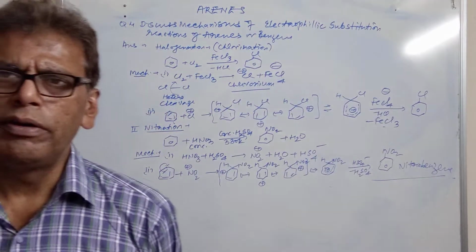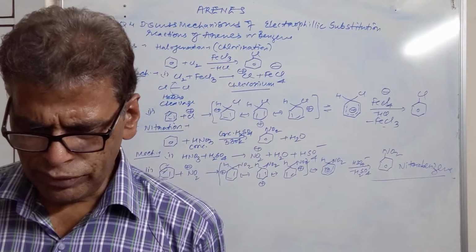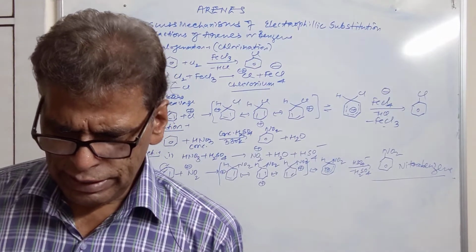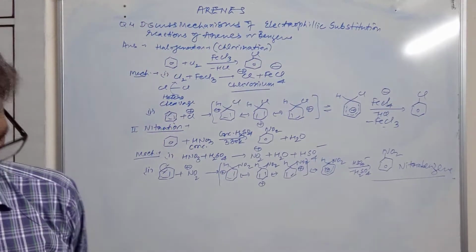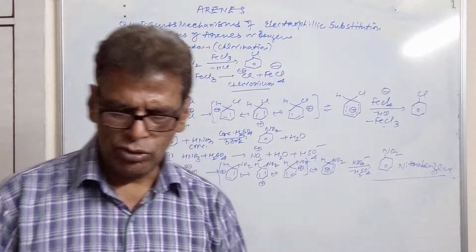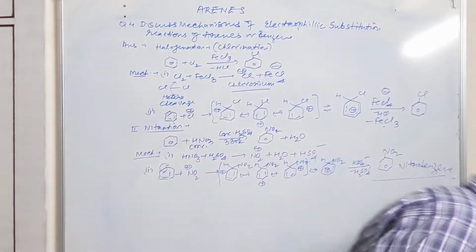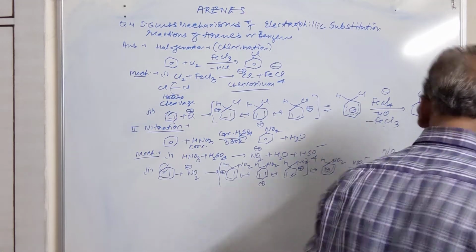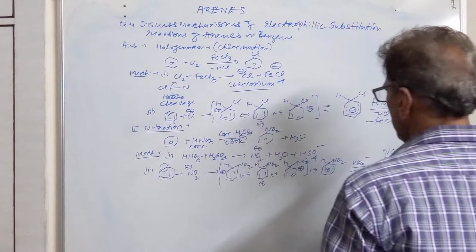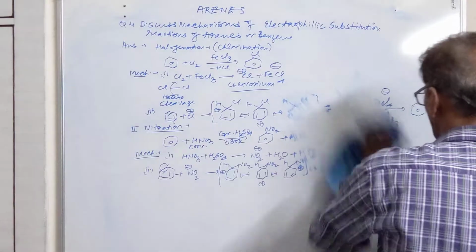We have studied halogenation, we have studied nitration. Nitration takes place through nitronium ion and halogenation through chloronium ion. Now we take the third reaction which takes place through a neutral electrophile, that is sulfonation.